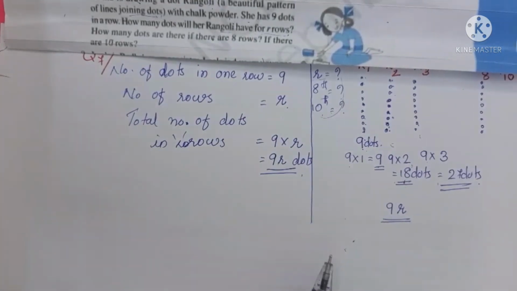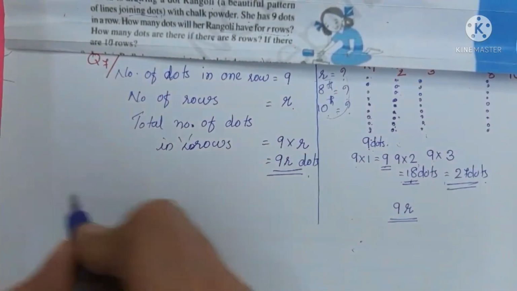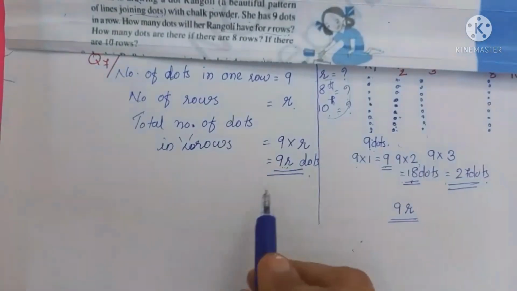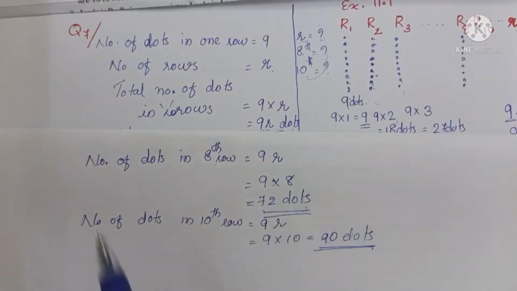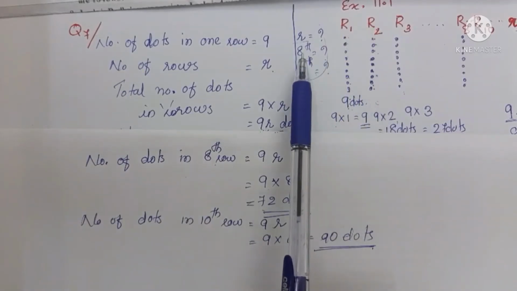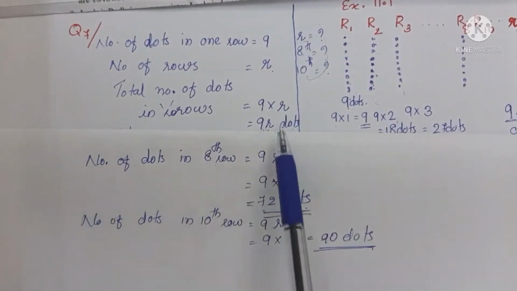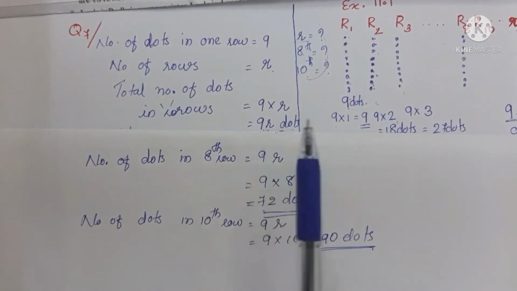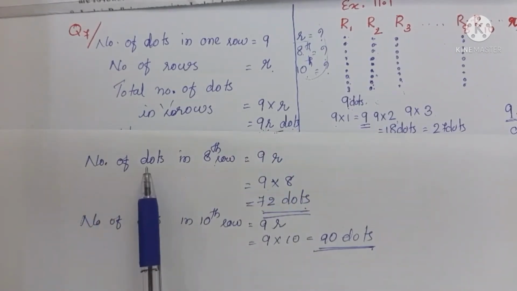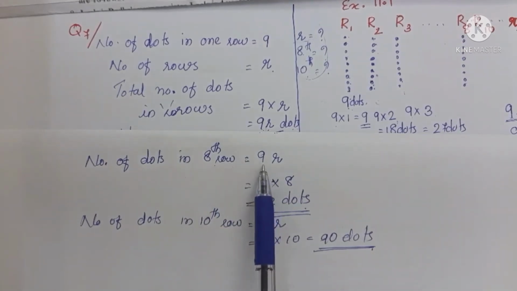So coming to the 8th row. Okay, we can use this rule 9R. The next part is we have to find the second part of the question, that is the number of dots in the 8th row. So we can use the rule 9R. Okay, so the number of dots in the 8th row is equal to 9R.